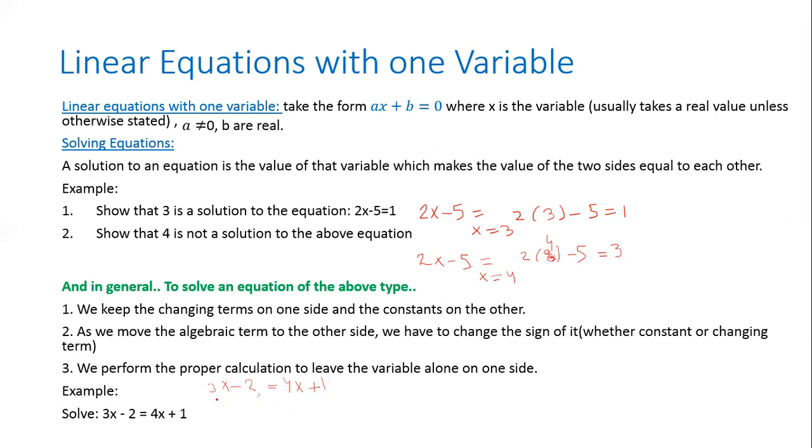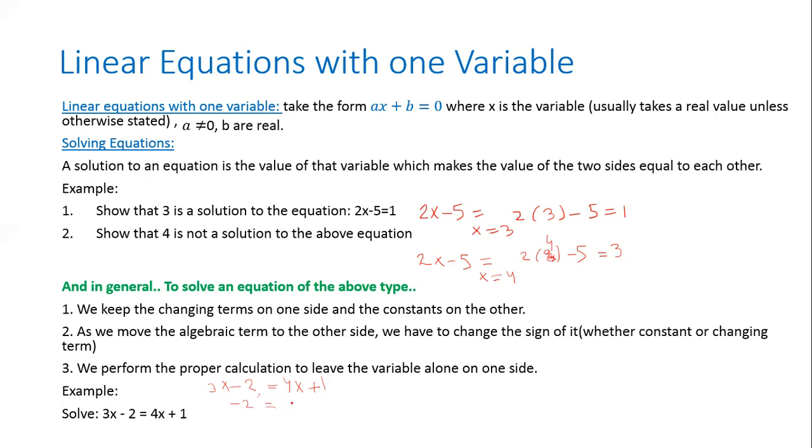So let's start by moving 3x to the other side. So here I will have minus 2 equals, and when I move 3x to the other side, I have to change its sign. Every time I move a number or a changing term from one side to another, I have to change its sign.